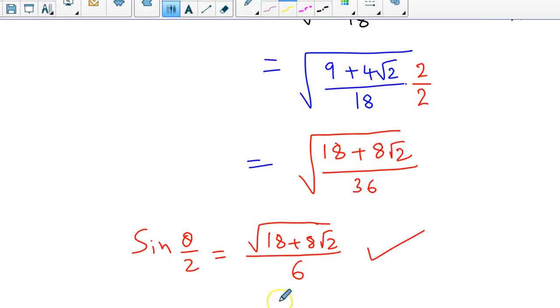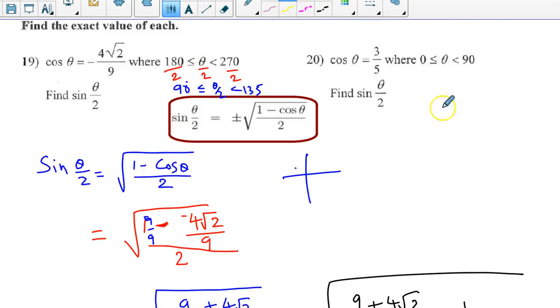Okay, so this is your final answer for sine theta over 2. So in the same way you can find sine theta over 2 in this case. Here also you have cosine theta, so you don't have to worry about finding the third side. Directly substitute in this formula and simplify, you will get your answer. Okay, thank you.